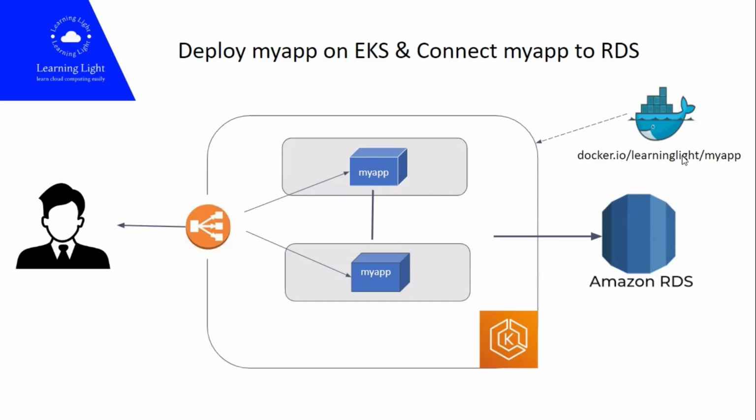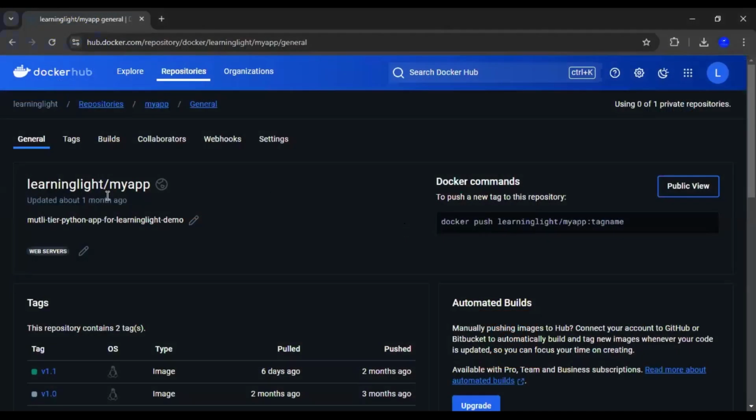Now, we will use our favorite Docker image, learninglight/myapp, and we are going to use version 1.1. That image we will use to create our application MyApp inside the EKS environment. So friends, this is our learninglight MyApp Docker image, hosted on the Docker Hub public repository.